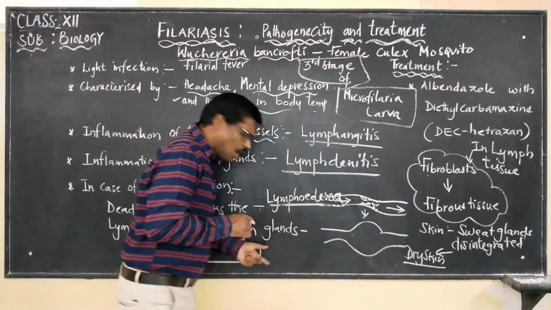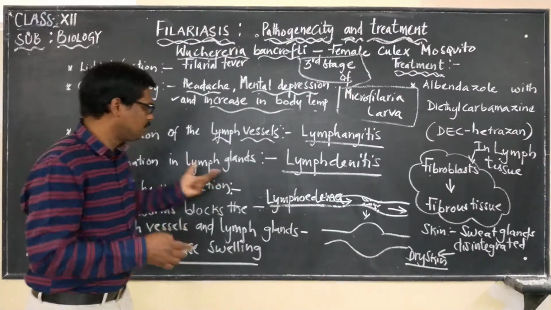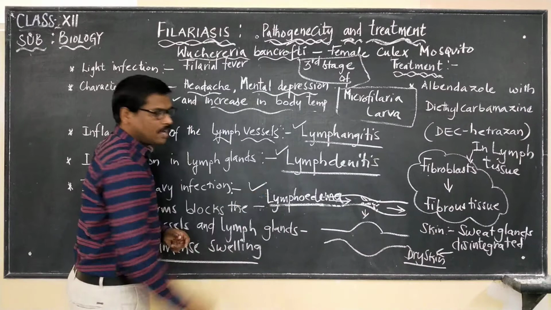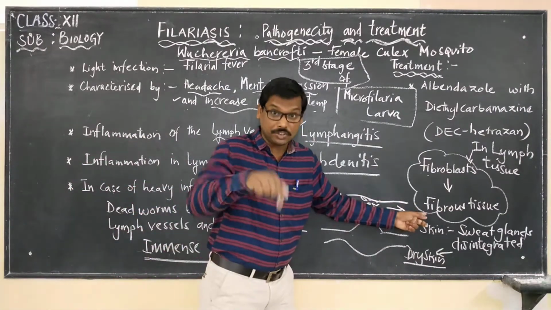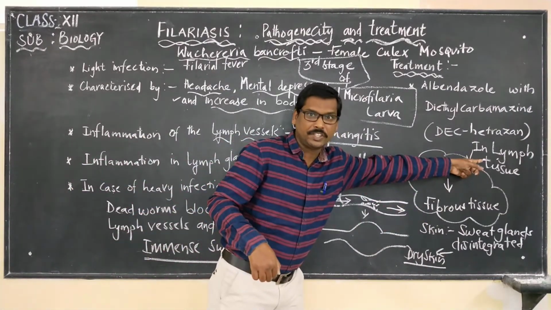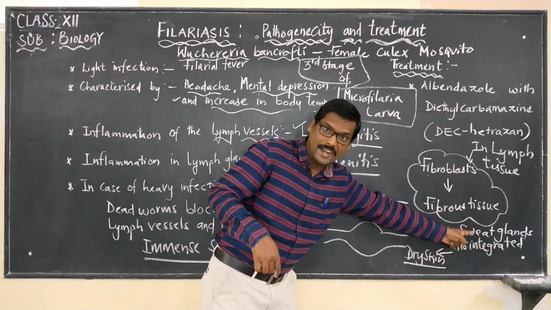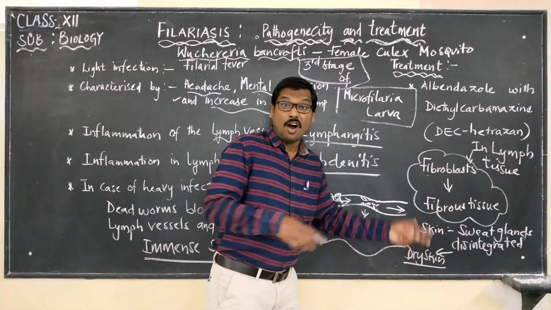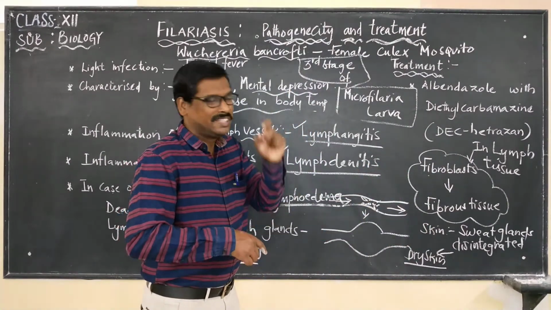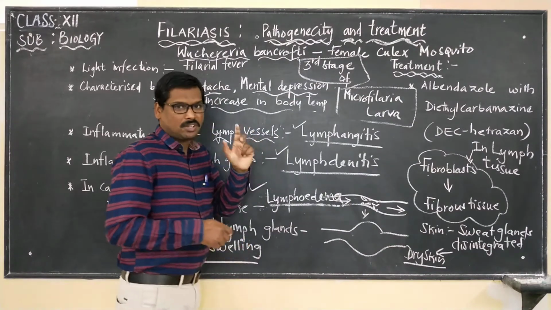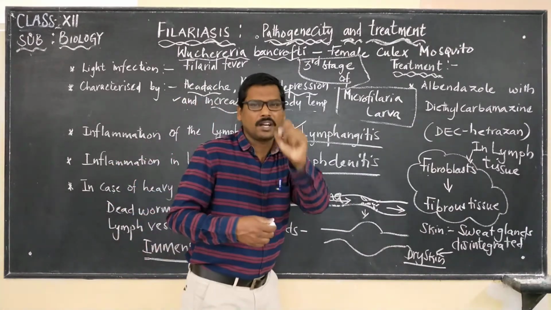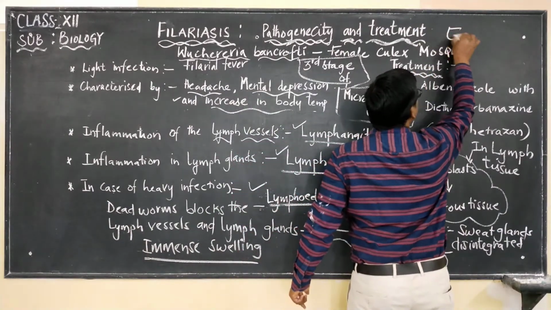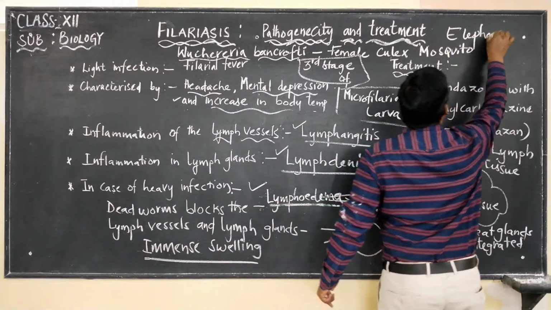So with all these signs and symptoms, lymphangitis, lymphadenitis or lymphoedema, formation of fibrous tissue in the lymph tissue, and disintegration of sweat glands in the skin causing dry skin, all these are the main signs to say that the individual is suffering from elephantiasis.